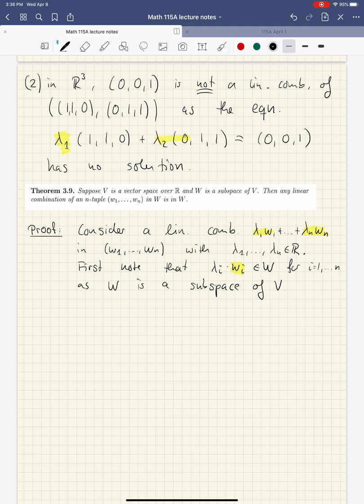Now we have these elements in W, and we want to argue that their sum has to be as well. We have to go about this inductively.